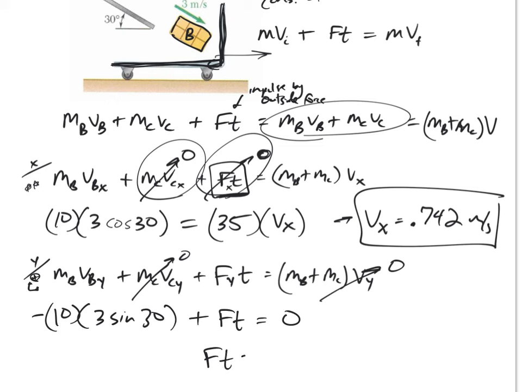I'm going to call that impulse. I don't think the book actually gives it a variable name. This impulse would end up being, if I take 10 times 3 sine 30, 15. It's a force times a time, 15 newton seconds in the positive y direction.